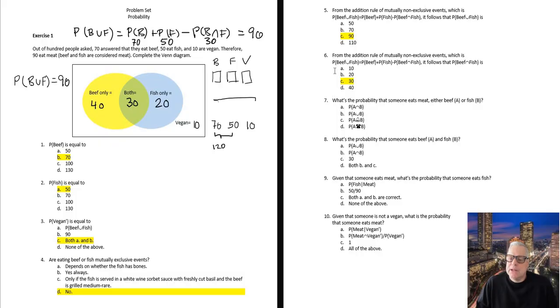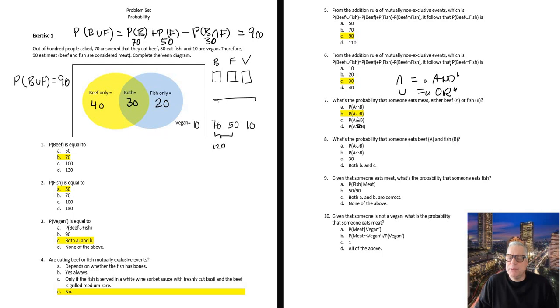What's the probability that somebody eats meat, either beef or fish? Well, the correct language is the union. So this one conventionally reads as and, but of course the statistically correct terminology would be intersection, and this typically reads as or, but the correct terminology is union.